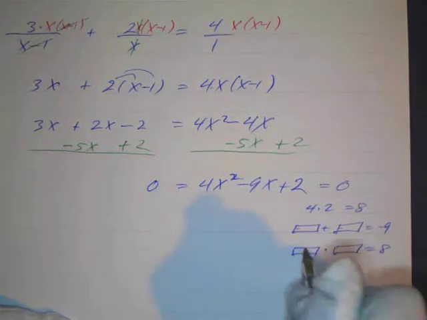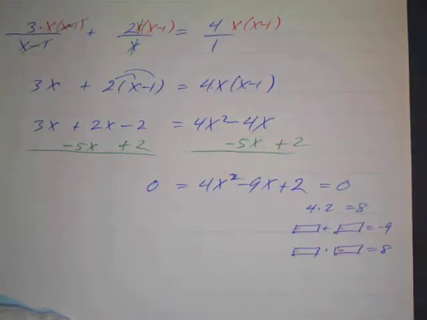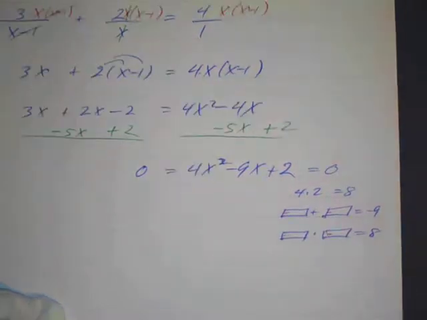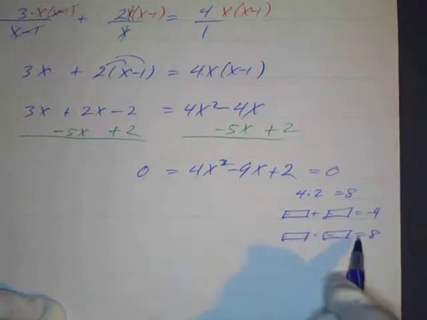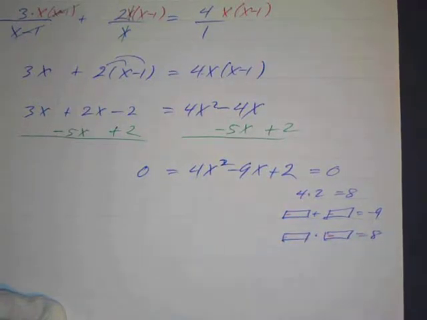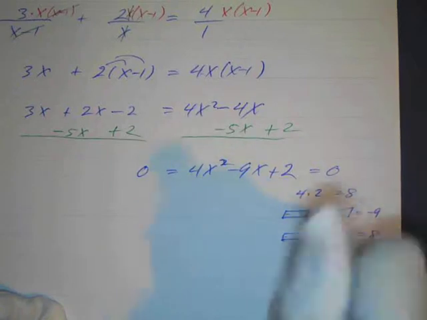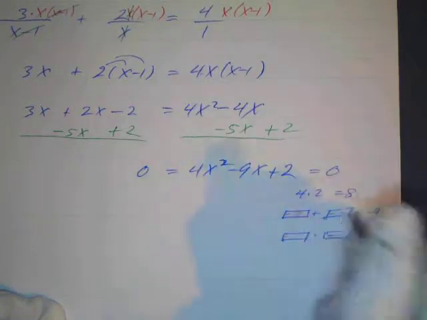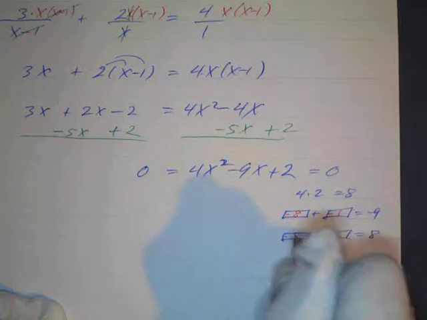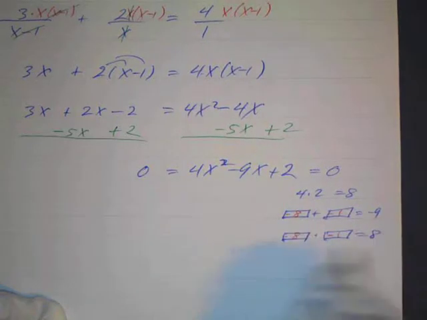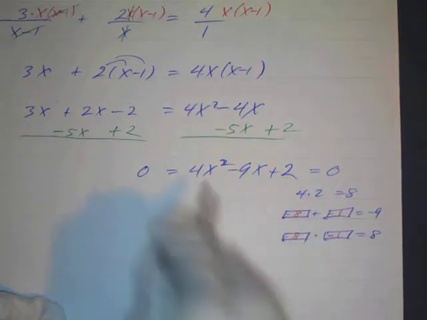So we can put our negative in here and here. And two numbers that multiply to give 8 would be 8 and 1, and if I add 8 and 1, I get negative 9, so those are my numbers. Negative 8 and negative 1. If I add those, I get negative 9, and negative 8 and negative 1. If I multiply them, I get positive 8, so that satisfies the conditions.